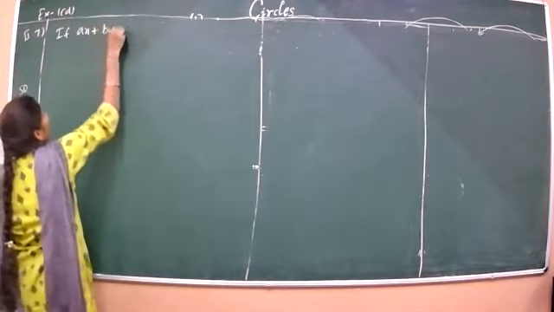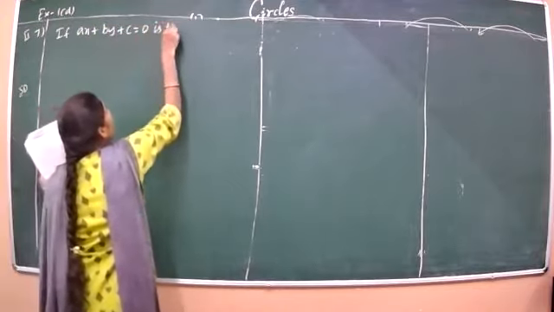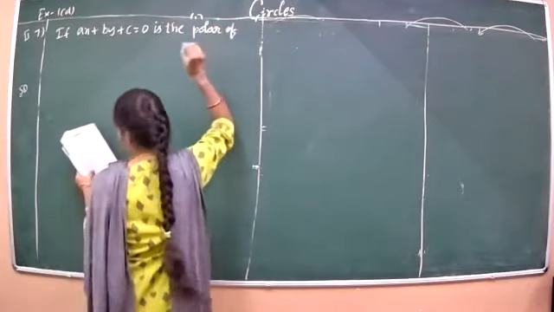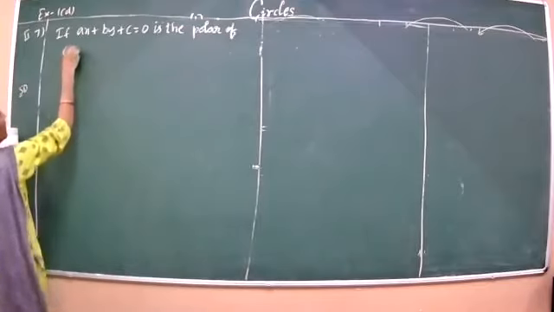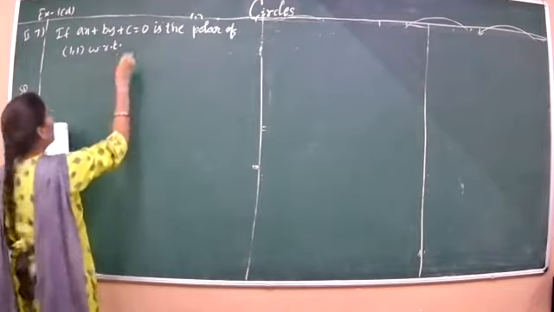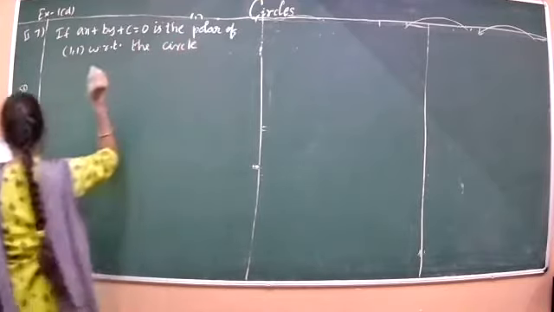Ax plus by plus c equal to 0 is the polar of P(1, 1) with respect to the circle. What is the circle?